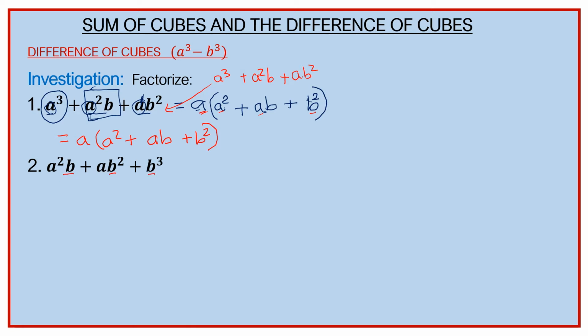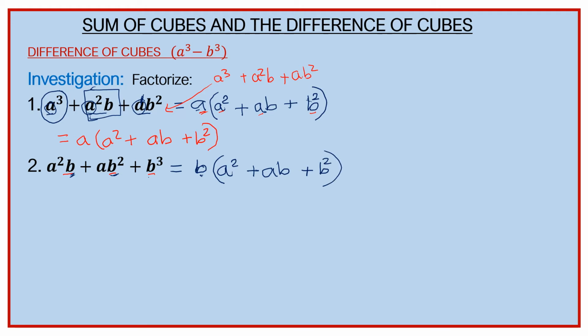So let us put b outside the brackets. So we say b into a², since the b is already outside, plus ab, then for ab² we write ab, plus b², since b³ already has one b outside.